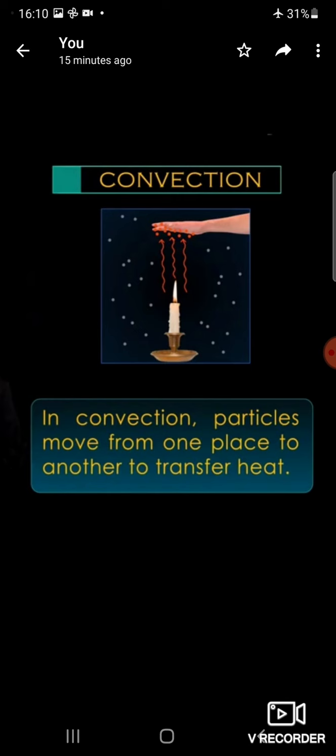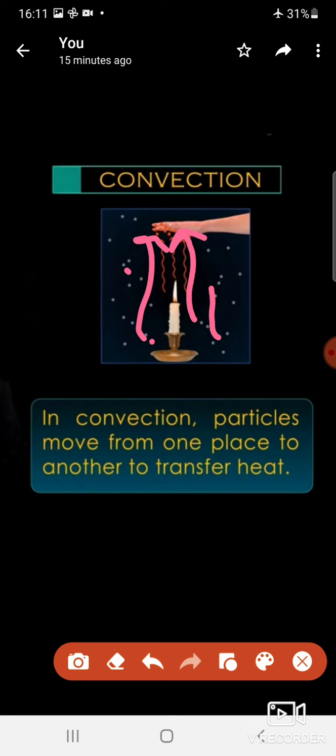But in the conduction process they do not move from their actual position, they can only vibrate at their own position for the transfer of energy from one molecule to another. But when we talk about convection, molecules are free to move in order to transfer energy. So this is the main difference between these two concepts.